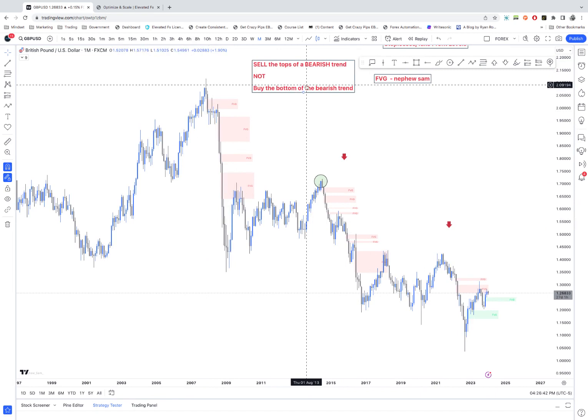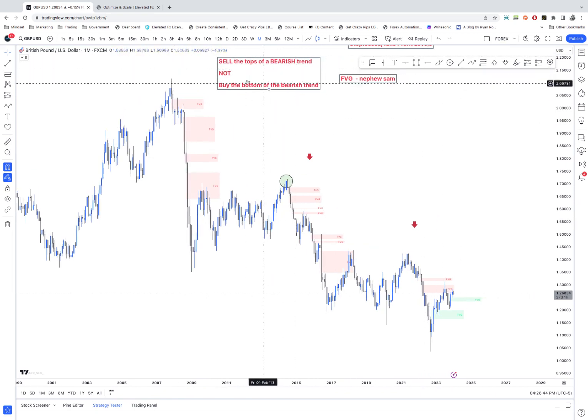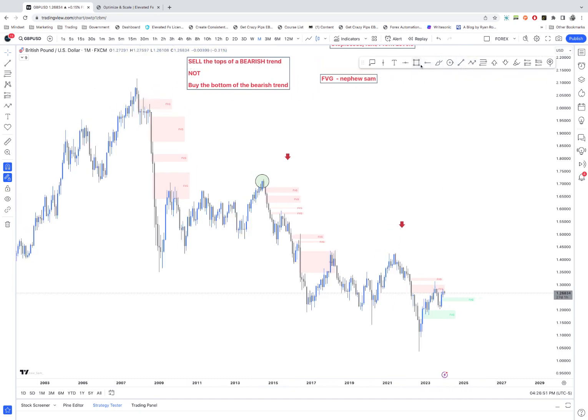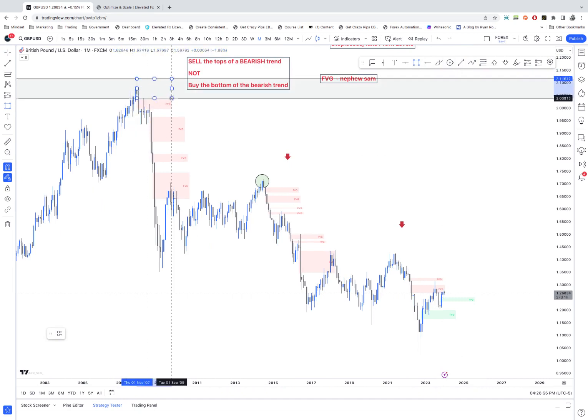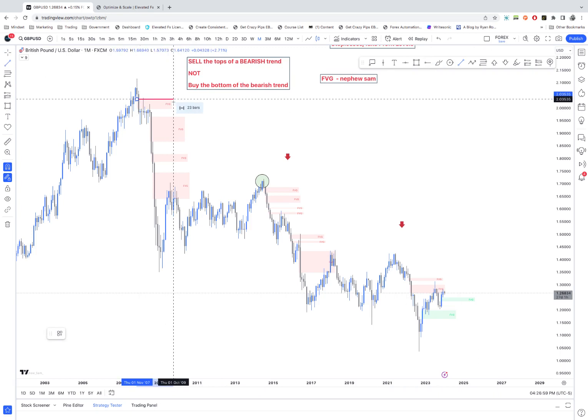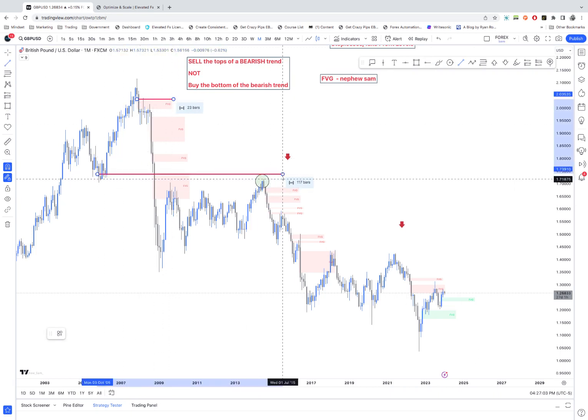And I want to focus on selling the tops of a bearish trend and not buying the bottom of a bearish trend. So what does that look like? I'm going to find key levels in the market like this that allow me to sell the tops of these trends.